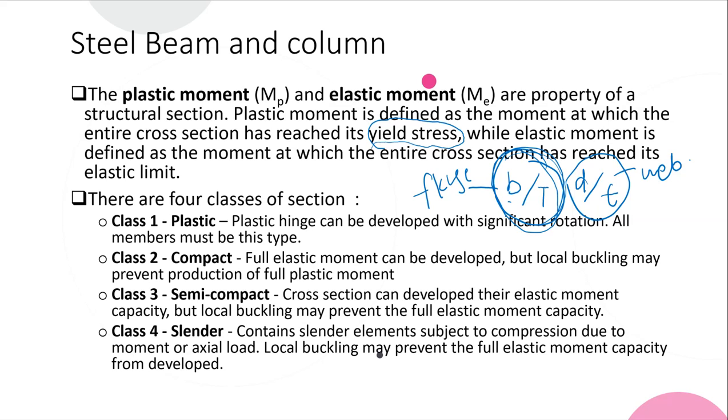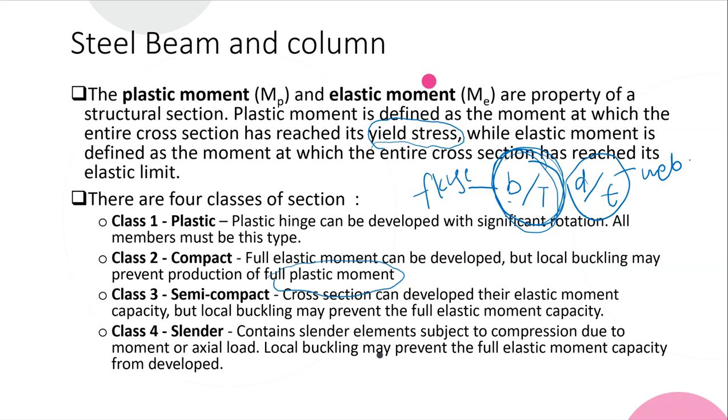Okay, tapi bila compact ni maksudnya dia dah kurang lagi, dia baru sampai full elastic moment tapi dah ada local buckling. Maksudnya because of maybe the thickness tu tak cukup untuk resist daripada buckling. Okay, so dia akan buckle dulu, tetap tak dapat sampai full plastic moment.